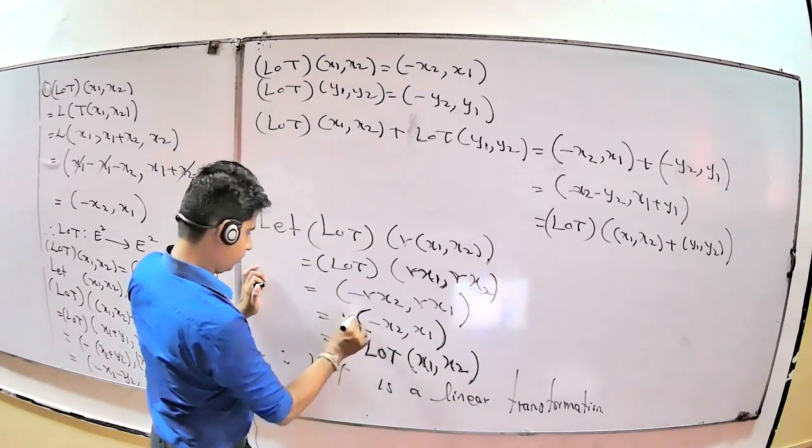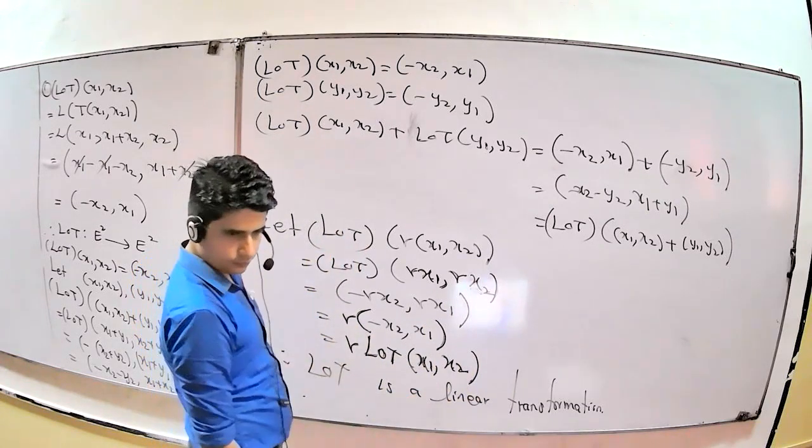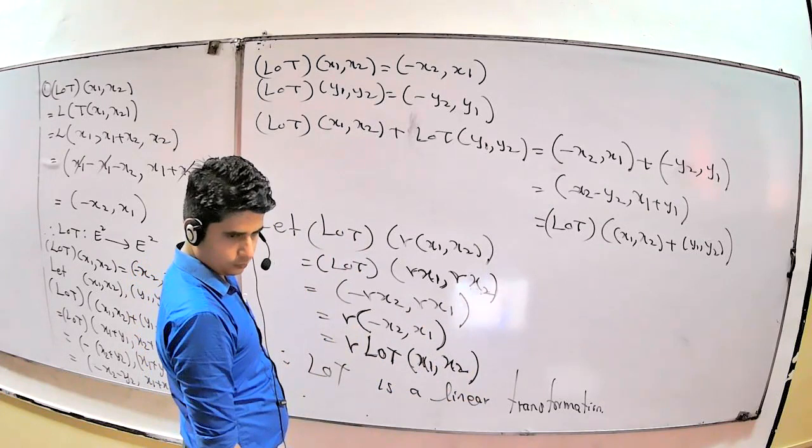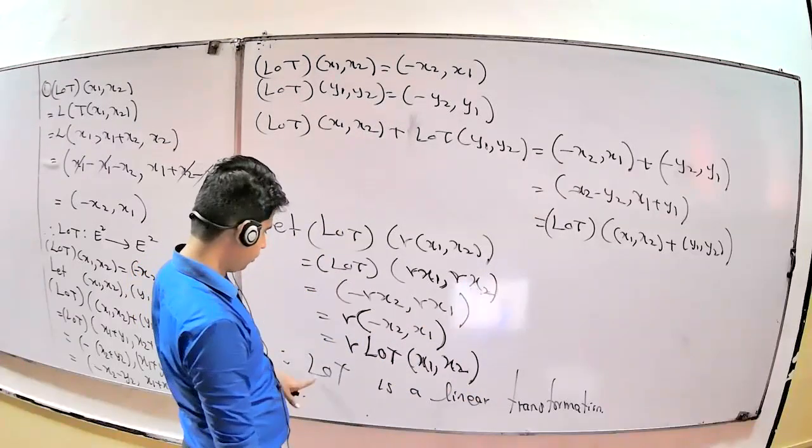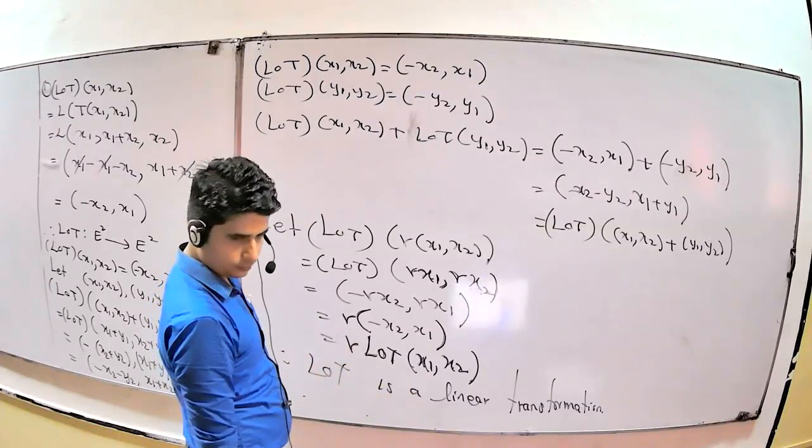Here R, here R. The above L composition T is a linear transformation.